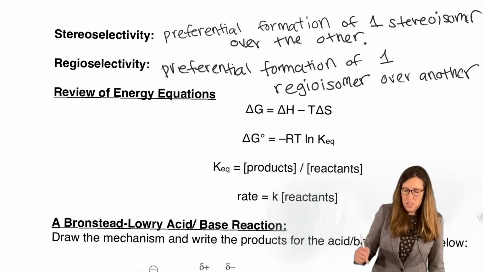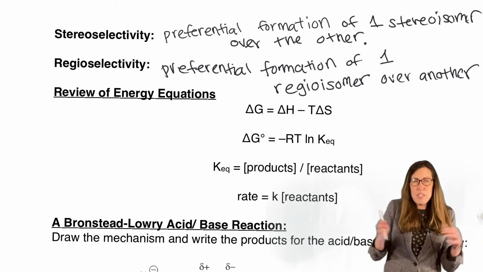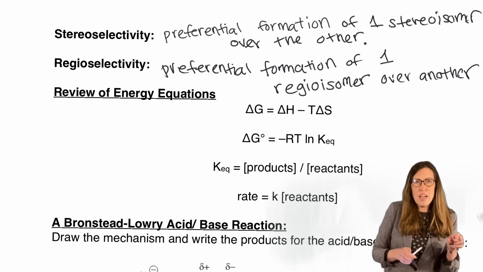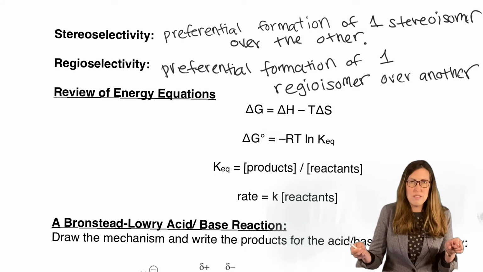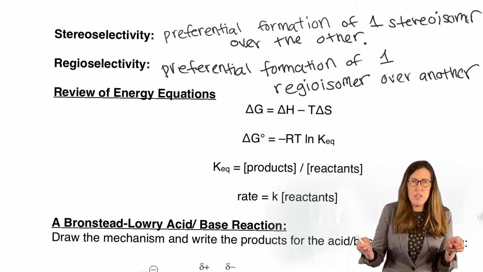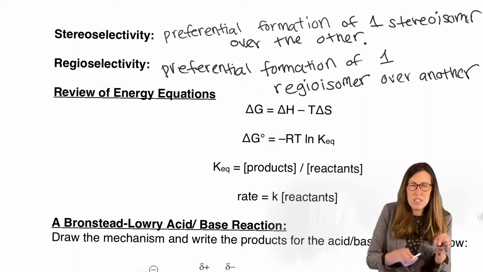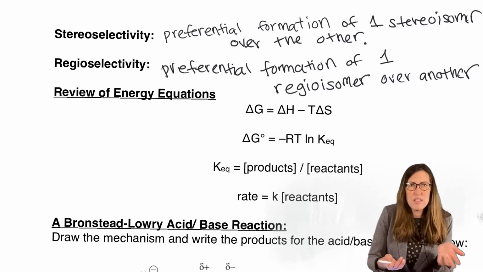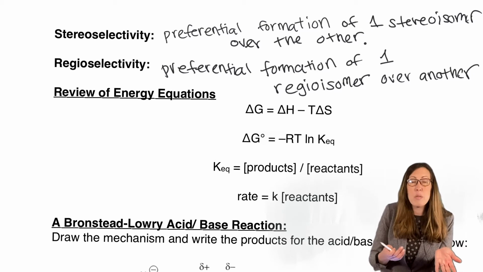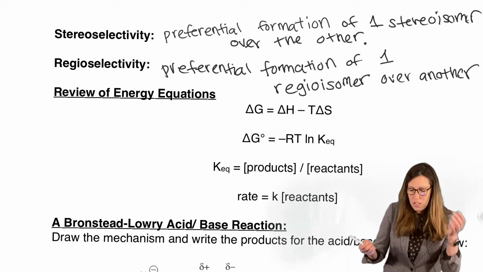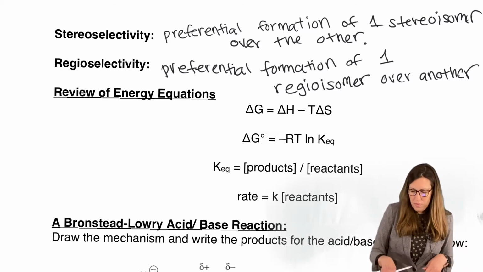In other words, at all of the sites that bonding can happen, there is one site that's preferred over the other. So, for example, cyclohexane has 6 carbons. If there's one that keeps getting attacked and the others aren't, we want to say, well, what's attached to that? Why does it like that one so much? Why is it exhibiting such regioselectivity? Those are the questions we like to ask.